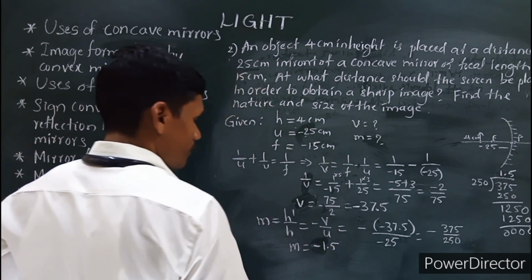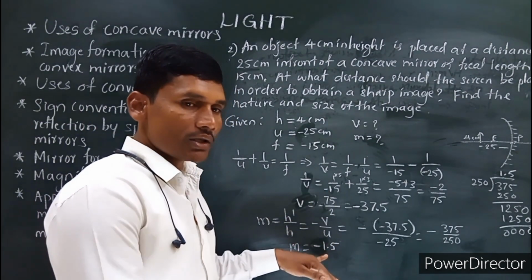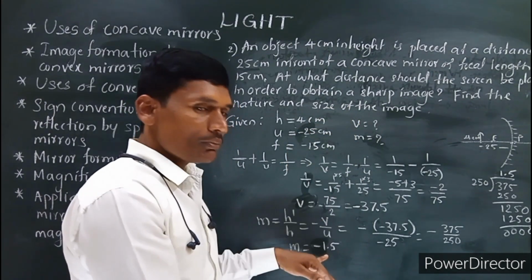This minus 1.5 shows that the height of the image is measured below the principal axis.